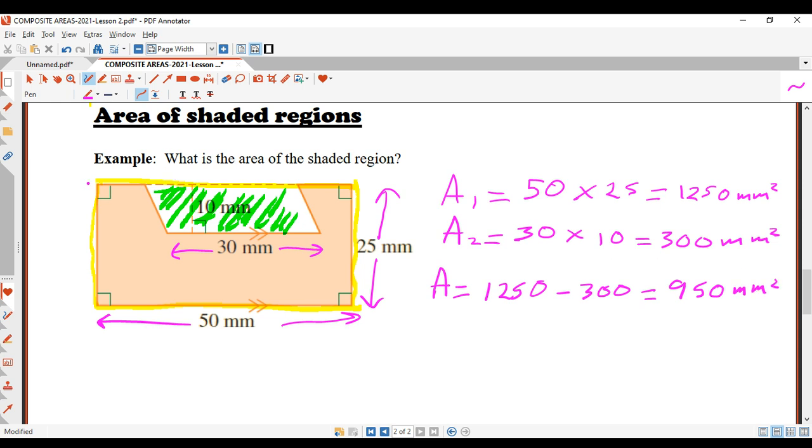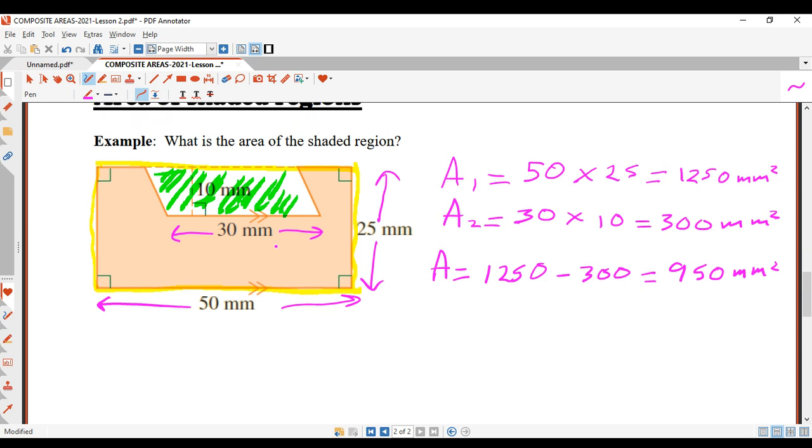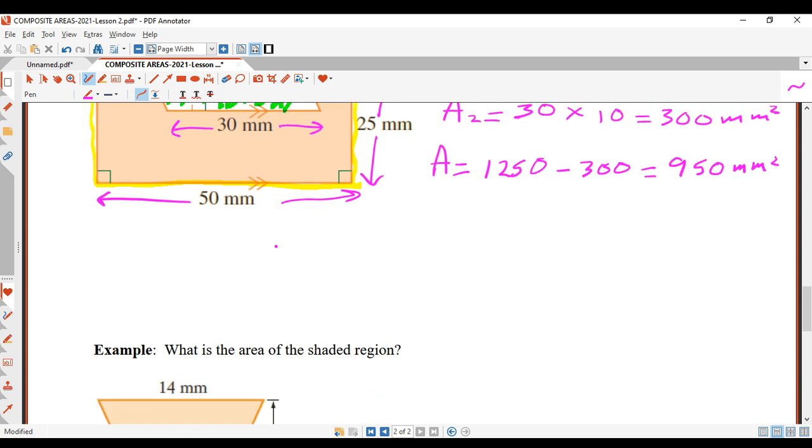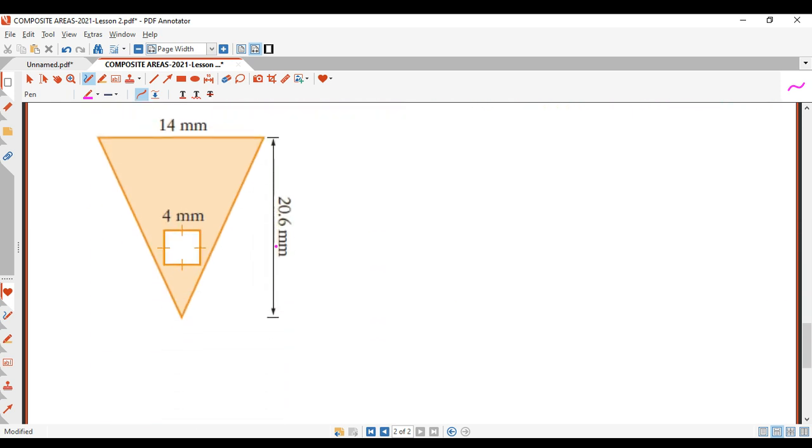So what do we basically do? We found the area of the entire rectangle, which includes that parallelogram part. Then we took away the parallelogram. What was left over was the shaded pink part that we needed to find. Okay, now copy that down, and then you're going to try the last question.